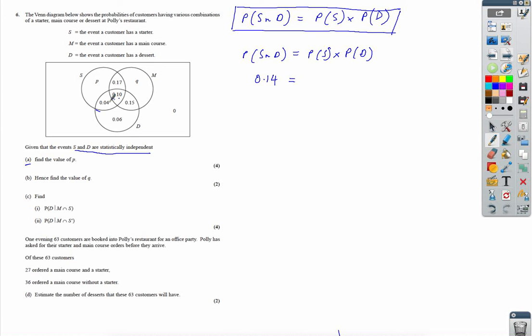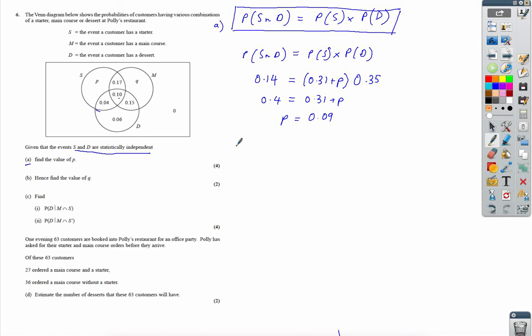So altogether in that S circle, 0.17 plus 0.10 plus 0.04 makes 0.31, but don't forget to include this P, plus P. The probability of D is anywhere in the D circle, so that'll be 0.10, another 0.10, 0.20, 0.35. I can solve that. Divide both sides by 0.35, gives me 0.4 plus P. P is equal to 0.09.